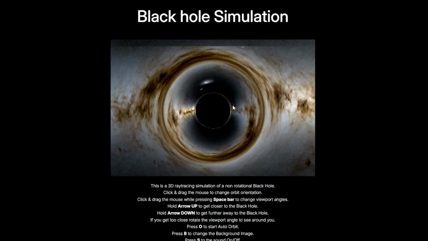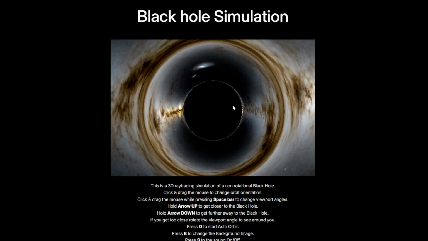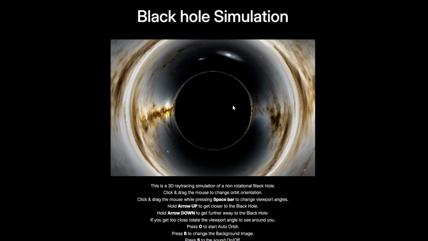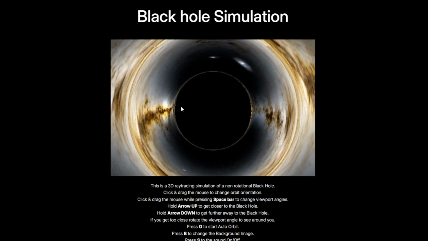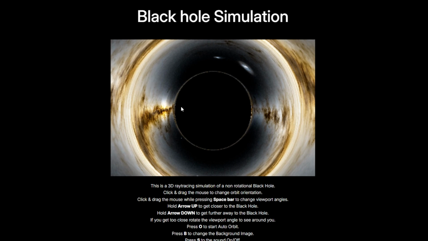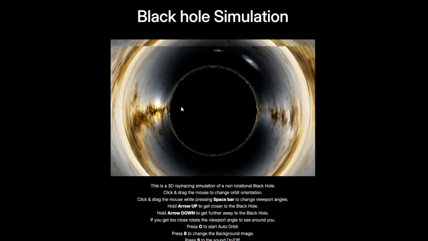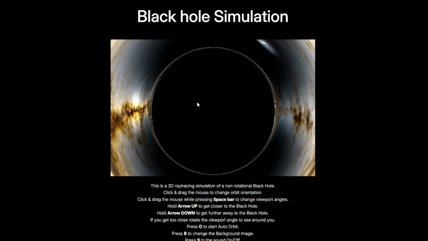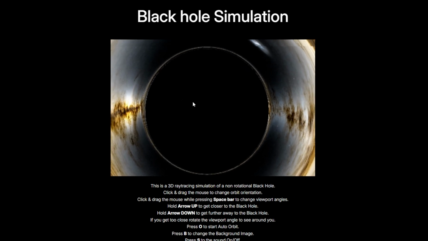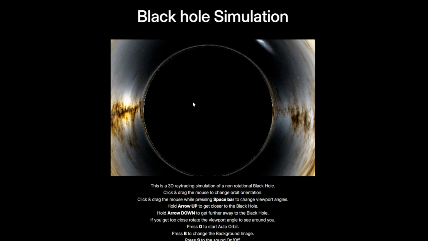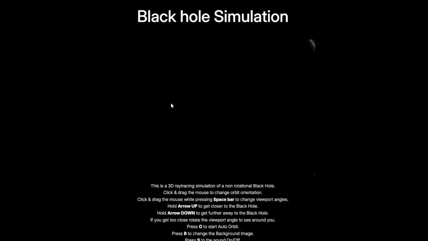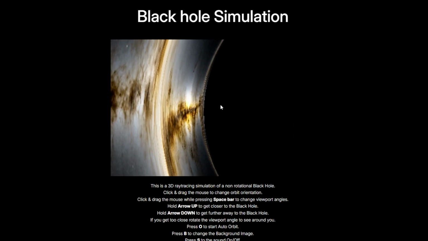We can go even closer, and we can also orbit while we are at it. And here, within this Einstein ring, I also have my photon sphere. So essentially now I am approaching the photon sphere. And we will reach the photon sphere when the photons that try to go tangentially to the black hole will actually end up inside the black hole.